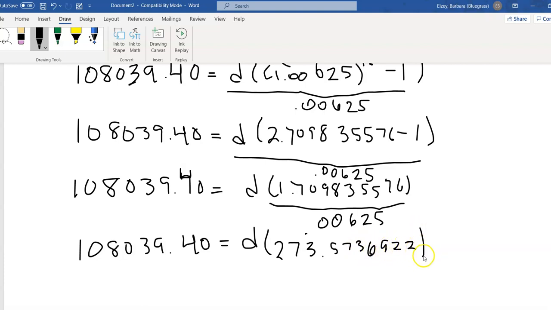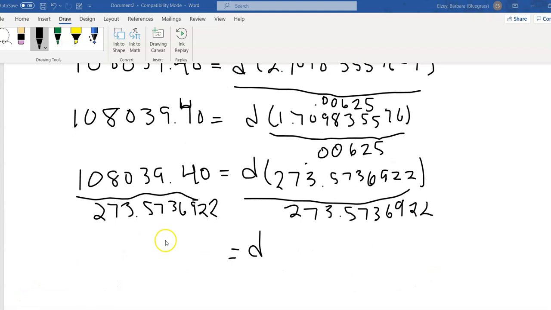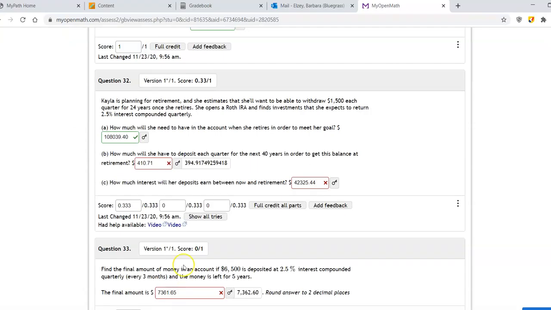And then, of course, lastly, to solve for D, you want to divide that out. All right, so we're going to get $394.92, which is exactly what they have here.